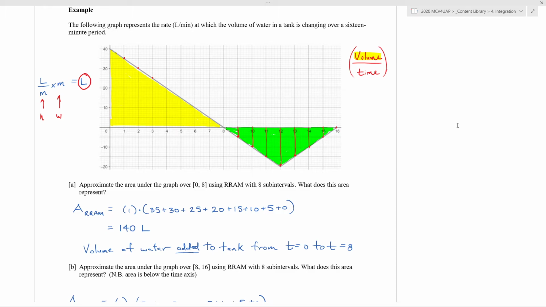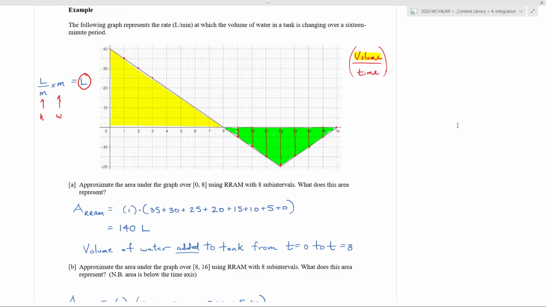So part A, the area under the graph from 0 to 8 using RRAM is 140 liters, and that represents water added to the tank from 0 to 8. And I'm assuming that calculation is correct. Please stop me if they're wrong, and we'll go back and do it over.